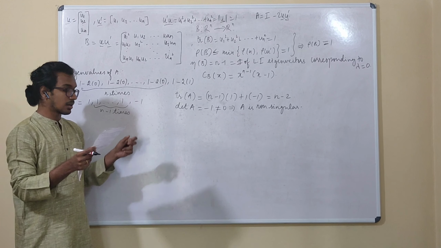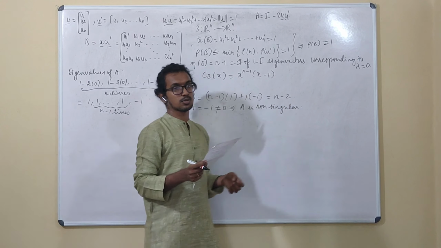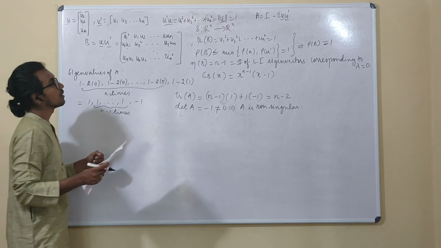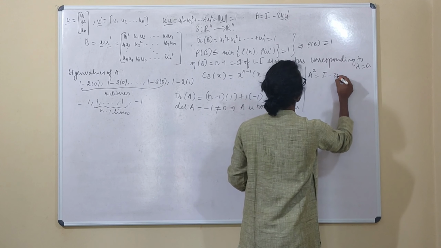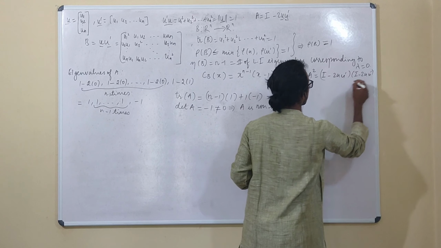And in the third option, the trace of A is given to be n minus 2 and that is true. The second and fourth options deal with the value of A square, that we can simply calculate from here. A square is I minus 2 prime product with I minus 2 prime.